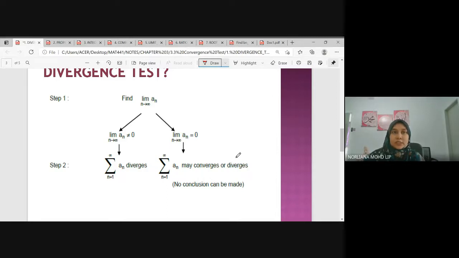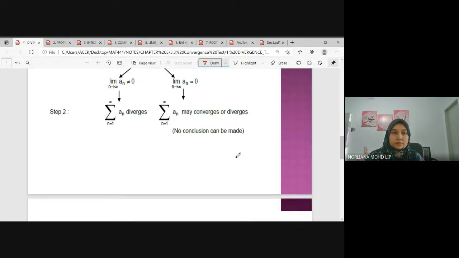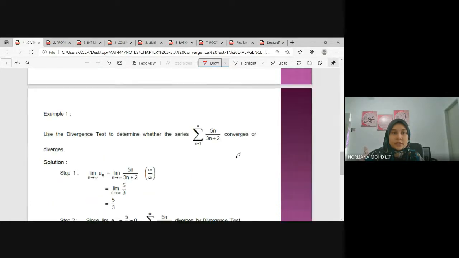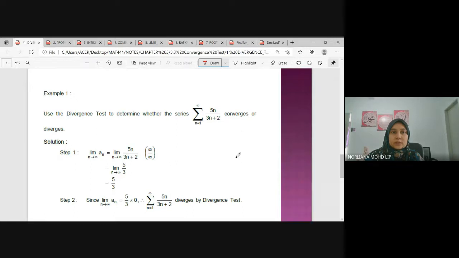Biasa kita akan tengok soalan, dia akan mention test apa yang you all perlu gunakan untuk test convergent ni. Look at example 1. So you all perlu ingat dia ada 2 step lah. We use the divergent test to determine whether the series 5n over 3n plus 2 is converge or diverge.